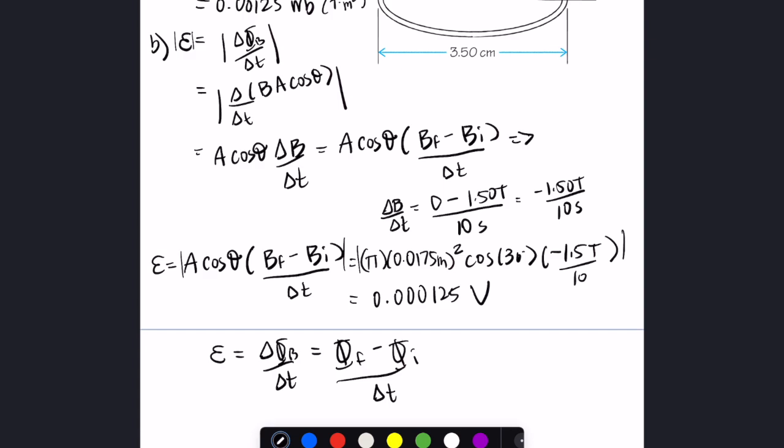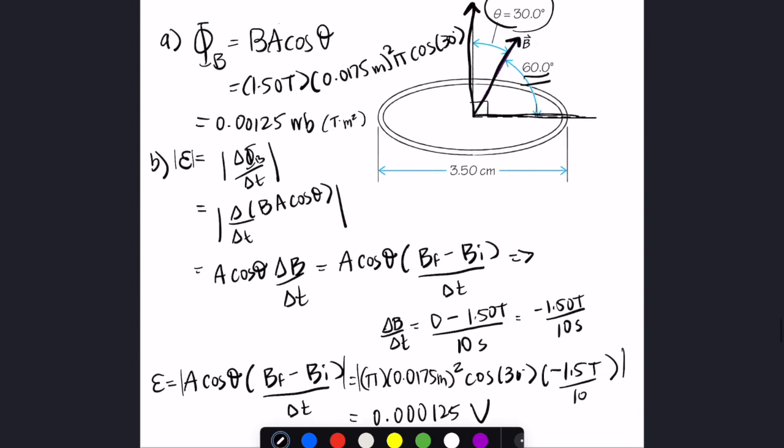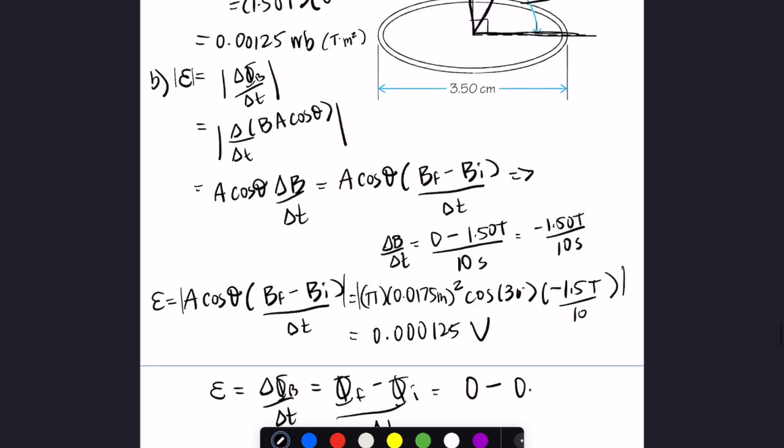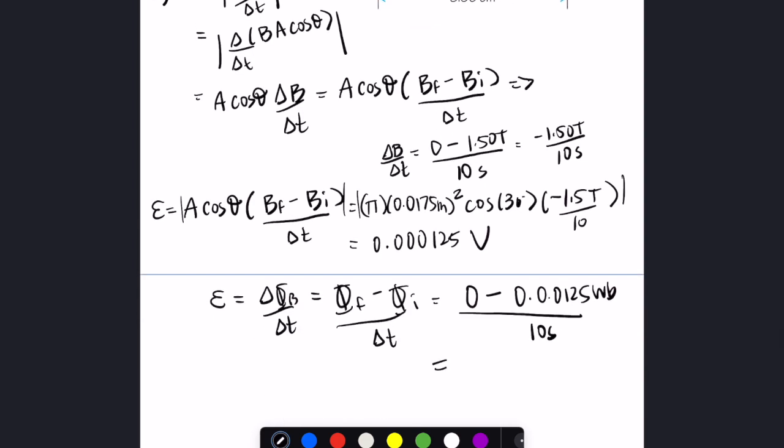And in part A, we calculated the initial flux. The final flux is 0 because B is 0. So we would do 0 minus our answer for part A, which is the initial flux, at 1.5 Tesla, over 10 seconds, and we get the exact same answer.